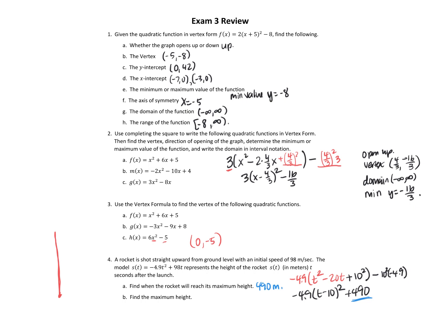And when it will reach the maximum height: it will reach the maximum height at 10 seconds because that's where it's shifted to the right 10 units, and so that vertex is going to occur at 10. So t equals 10 seconds. And then the maximum height is s equals 490 meters.